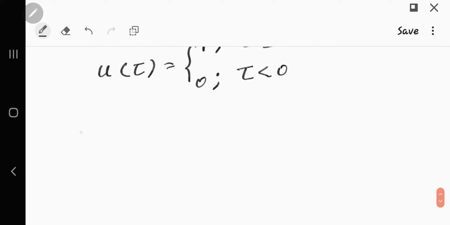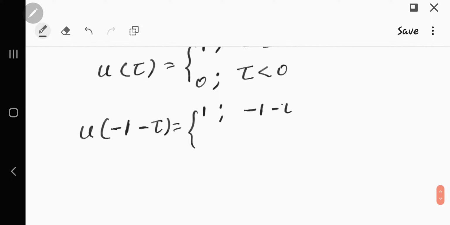Now given is u of minus 1 minus tau. So we want the limit for this. So u of minus 1 minus tau is 1 for minus 1 minus tau greater than or equal to 0, and it will be 0 for minus 1 minus tau less than 0.